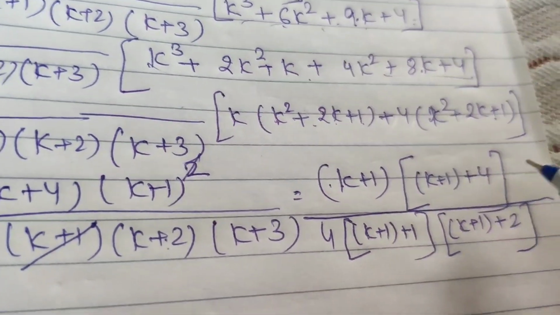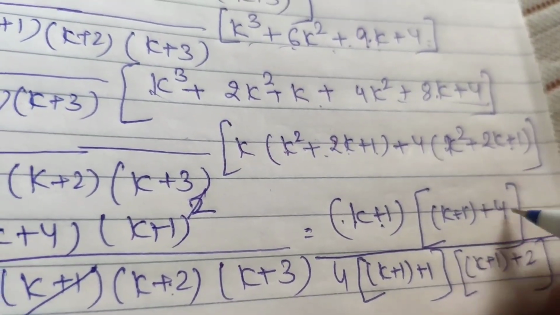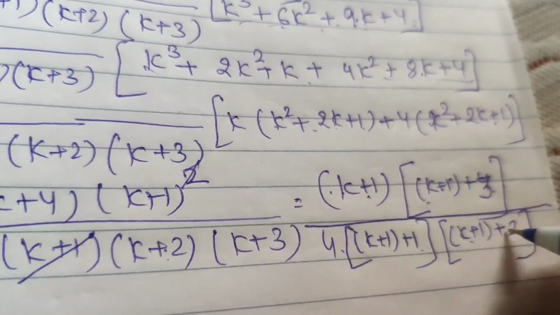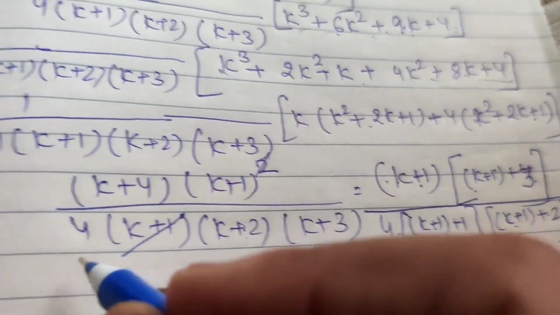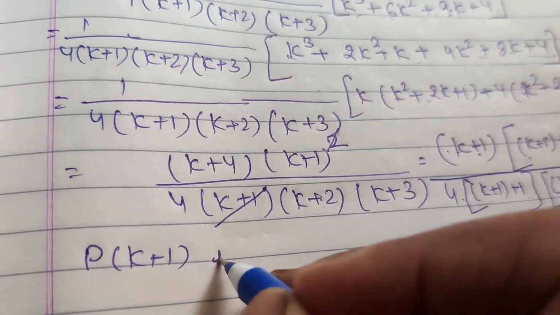So the sum of the series for n terms is n into (n plus 3) by 4 into (n plus 1) into (n plus 2), which means P(k plus 1) is true.